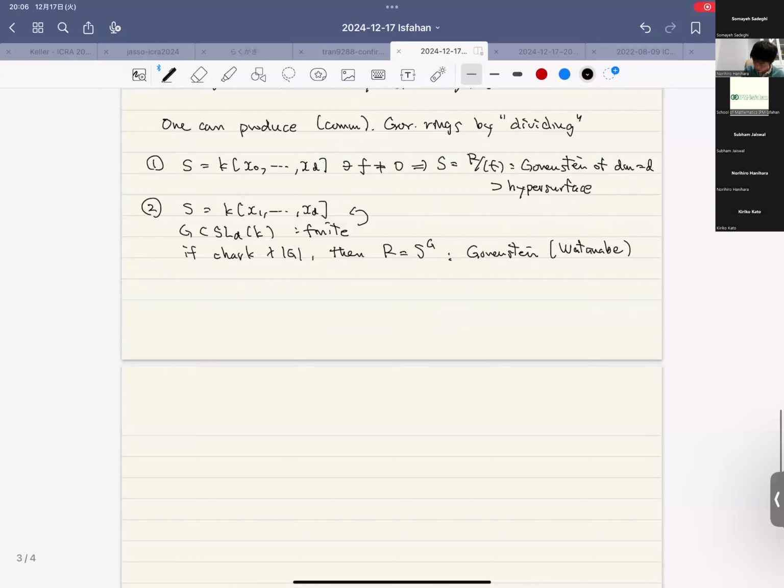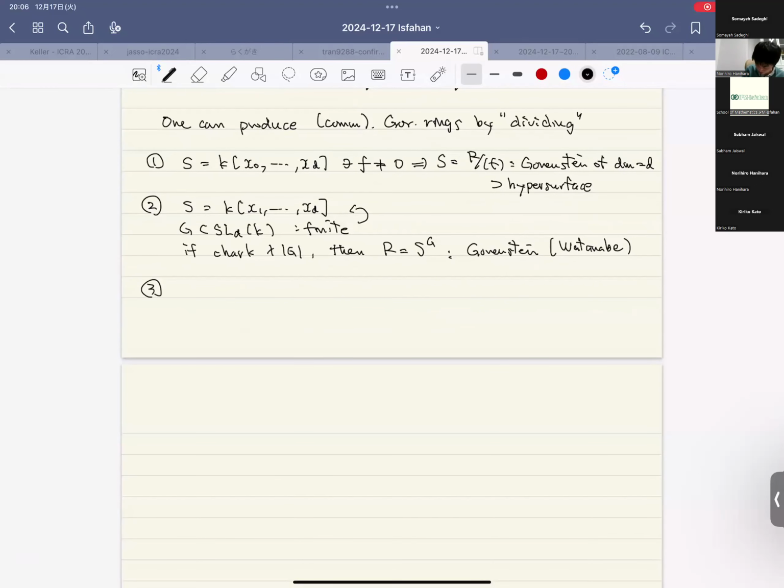Let's consider some polynomial rings in several variables, some copies, and we give a positive grading on each variable. And then we look at the Segre product.